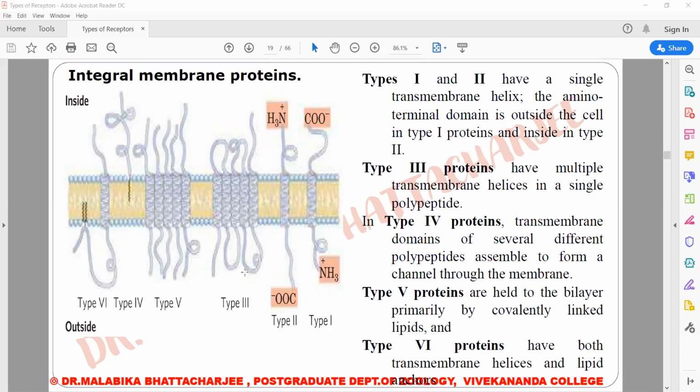If we look into the type 1 category, the amino terminal lies on the inside and the carboxy terminal of the polypeptide lies on the outside. So this is type 2. Type 1. The amino terminal lies on the outside, and the carboxy terminal lies on the inside.